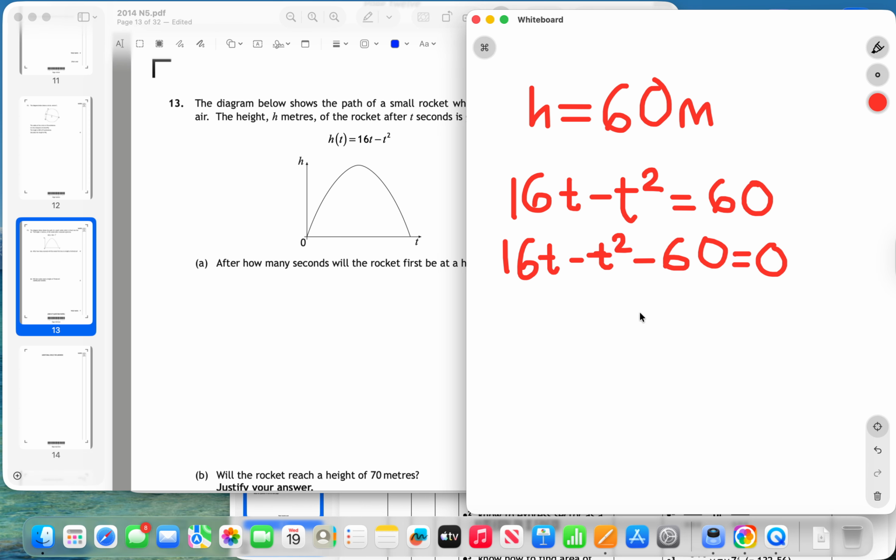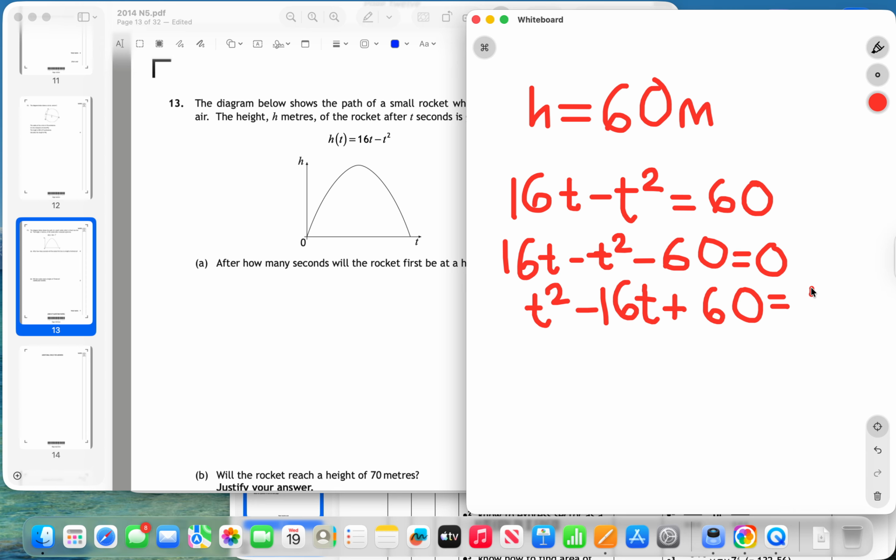So minus t squared becomes t squared. Positive 16t becomes negative 16t. And negative 60 becomes positive 60. And that is 0.